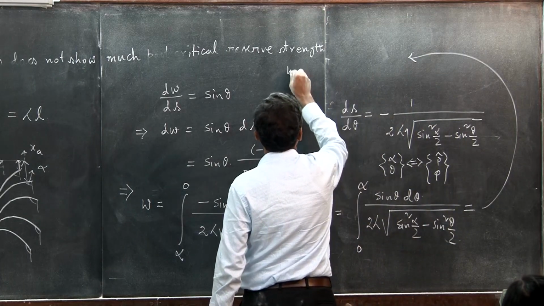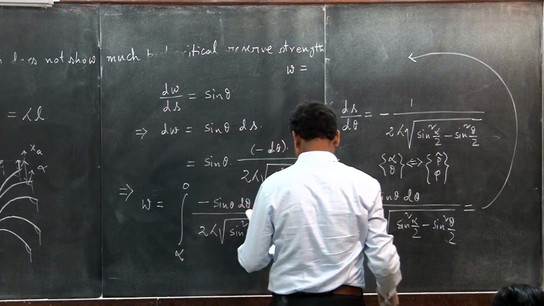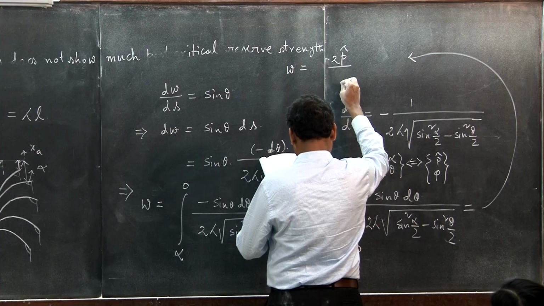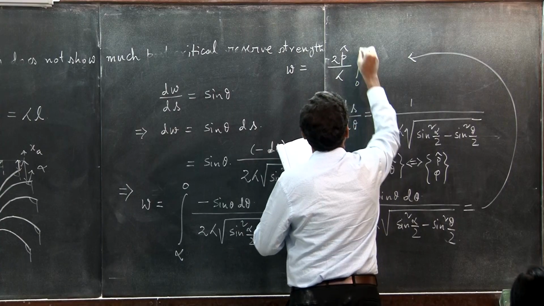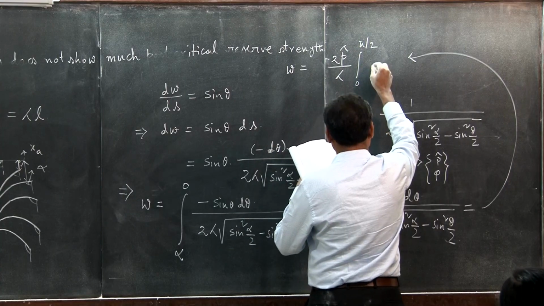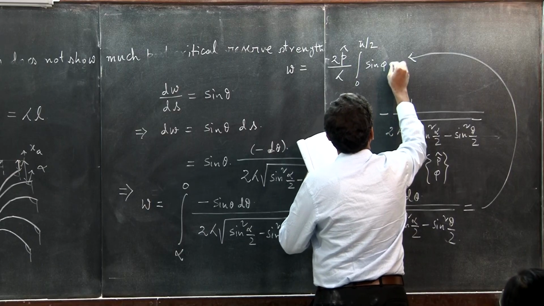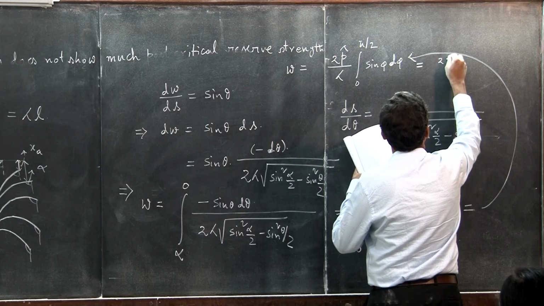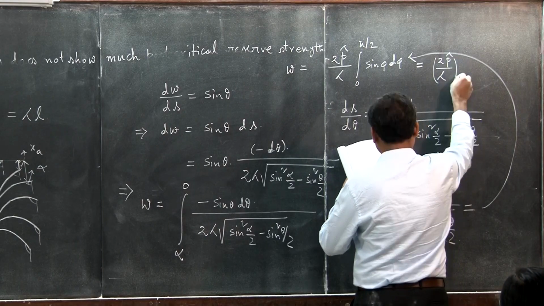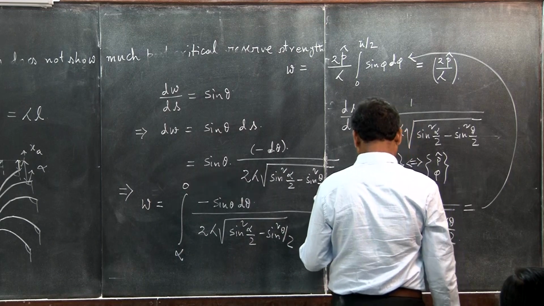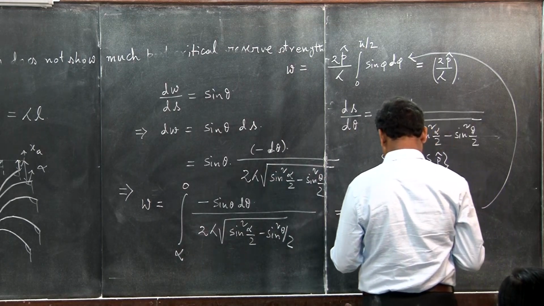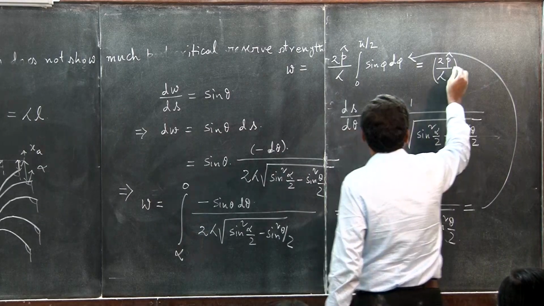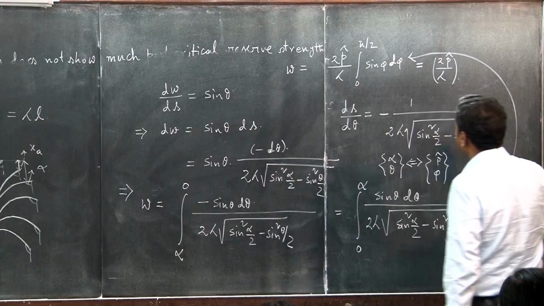So, ultimately W will be from this integral: 2 P cap by lambda integration 0 to pi by 2 sin phi d phi, and then you will see 2 P cap by lambda. From here you can calculate the deflection, because this is a very simple expression.